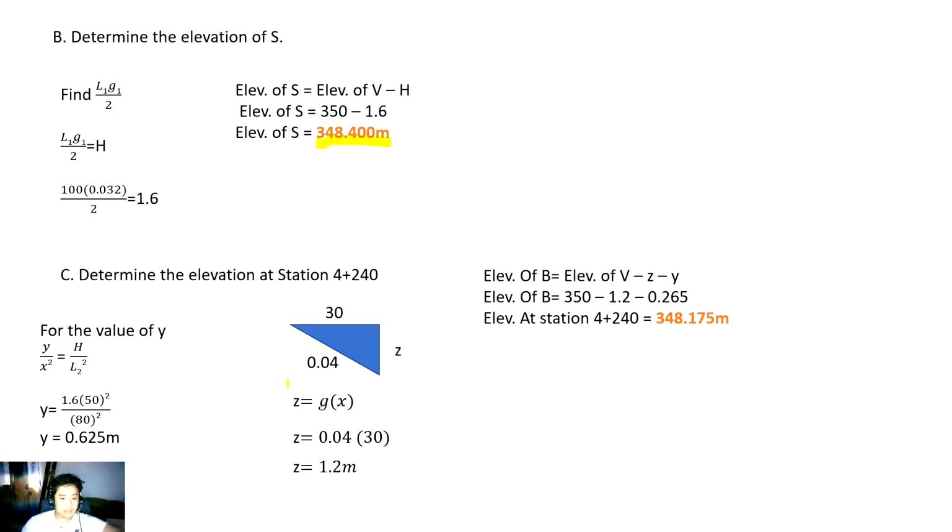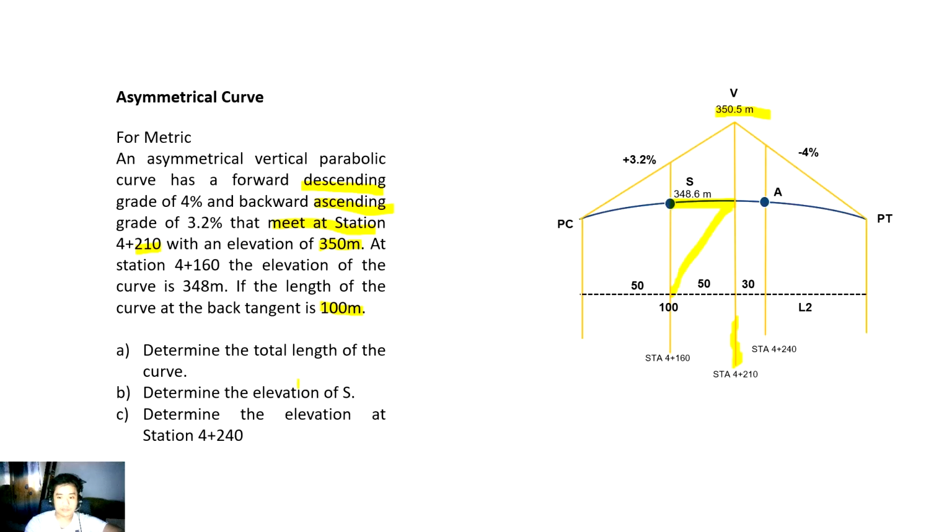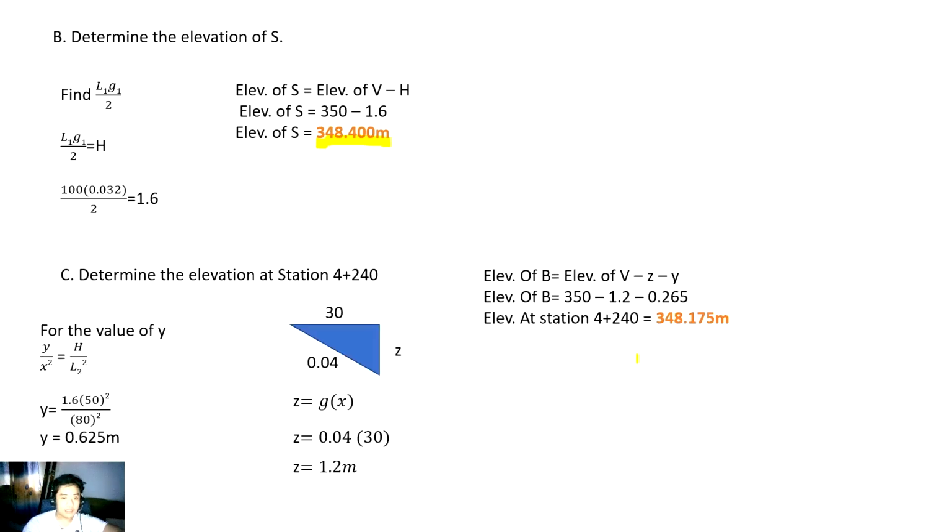So, para naman ma-determine natin yung z, gagamitin na natin yung 30 and yung 0.04. So, using that, para makuha natin yung z, gagamitin natin yung formula na g times x. So, ang g natin ay 0.04 times 30, which is yung x na nakuha natin sa 4 plus 240.